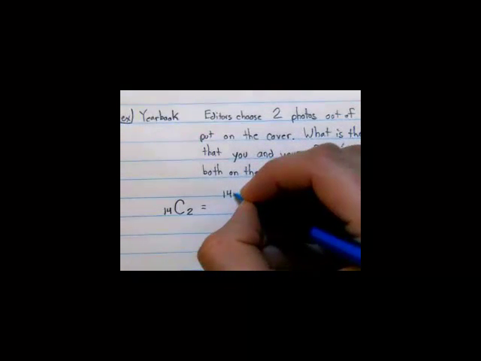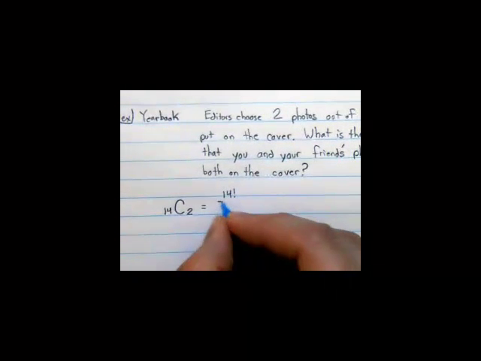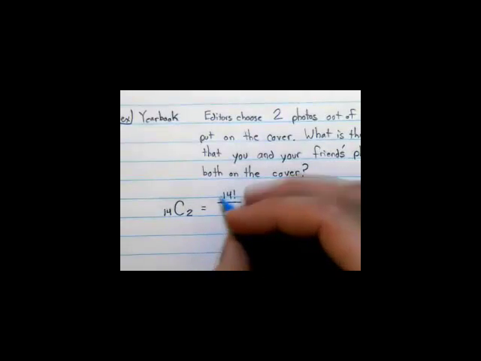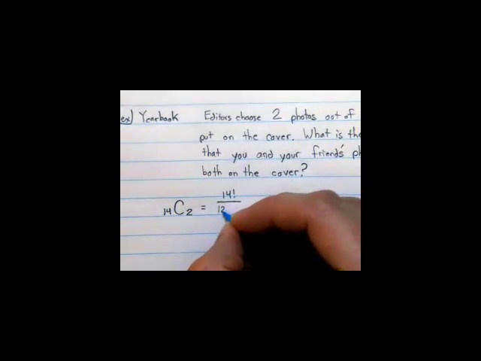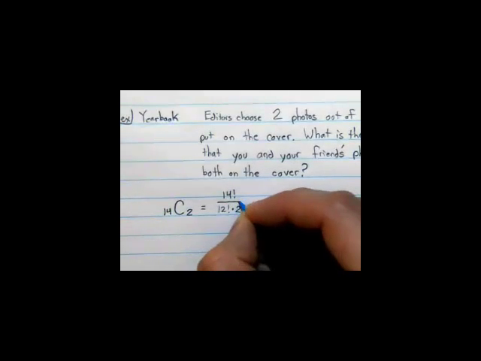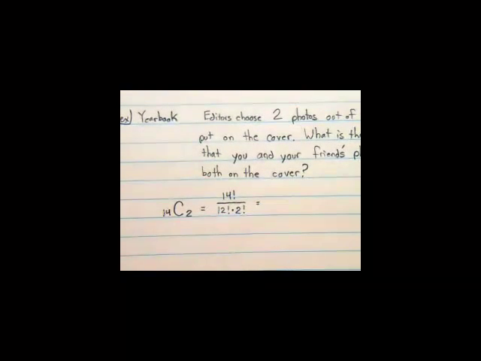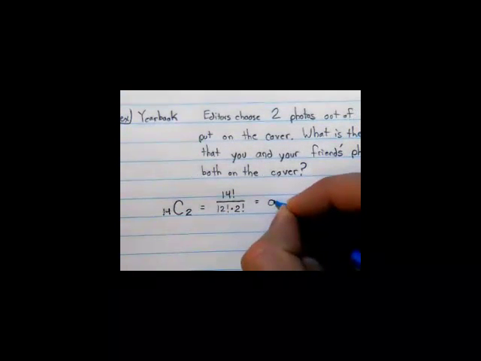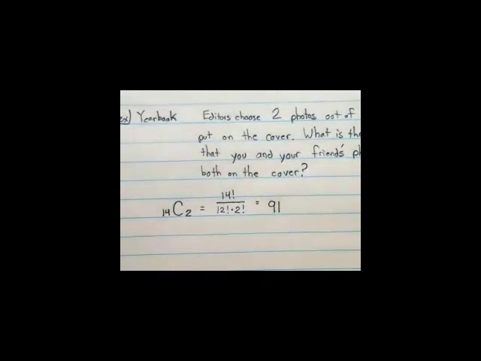So 14 factorial over 14 minus 2, so 12 factorial times 2 factorial. So that should be, double check my math here, but should be 91. See if you get the same thing.